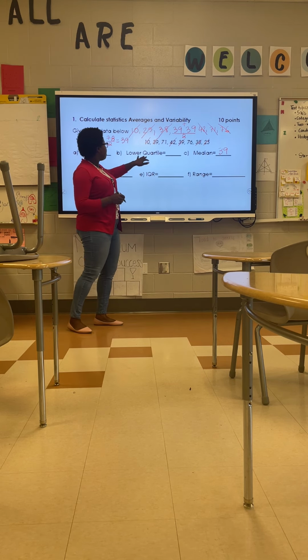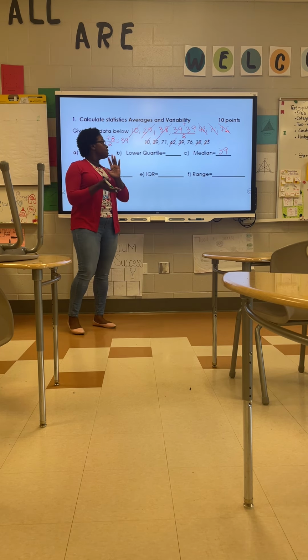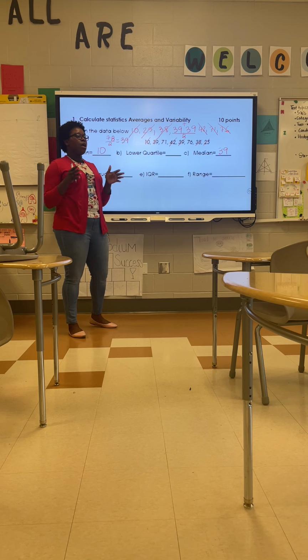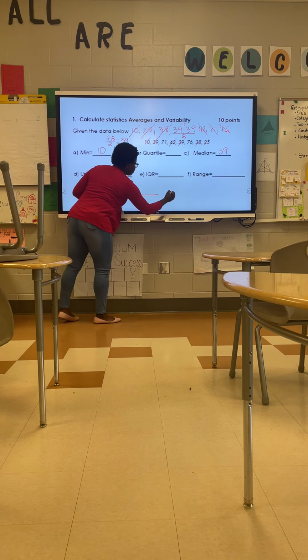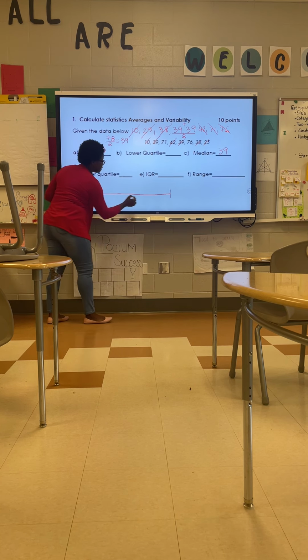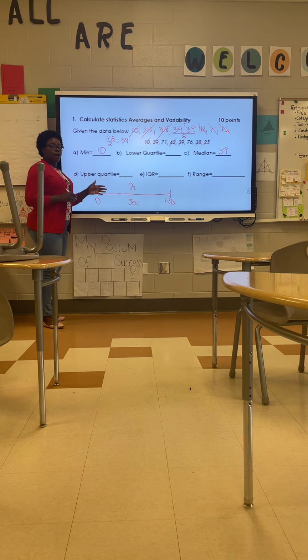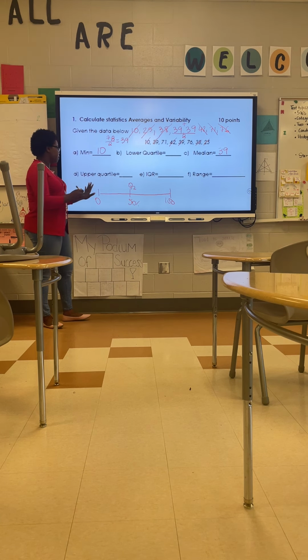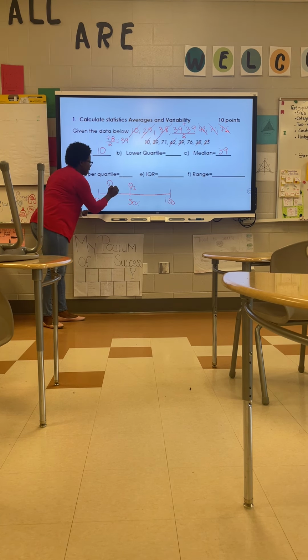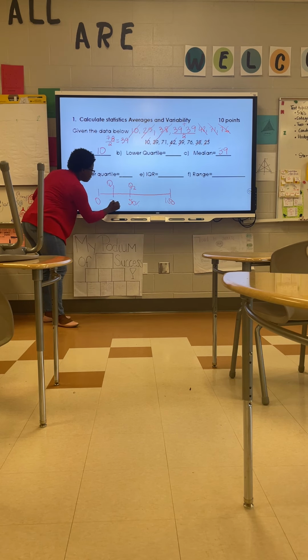So part B is asking us to find our lower quartile. Quartile basically comes from the root word quarter, meaning a distribution between 0 and 100%. 50% of your data is in the middle, that's your Q2. From your 50%, if you find half of your lower half, that's where your Q1 is located, or your lower quartile, and that's 25% of the data.